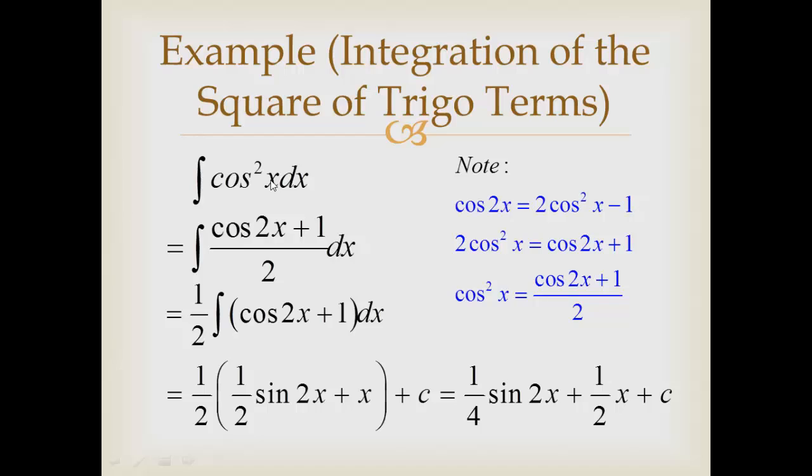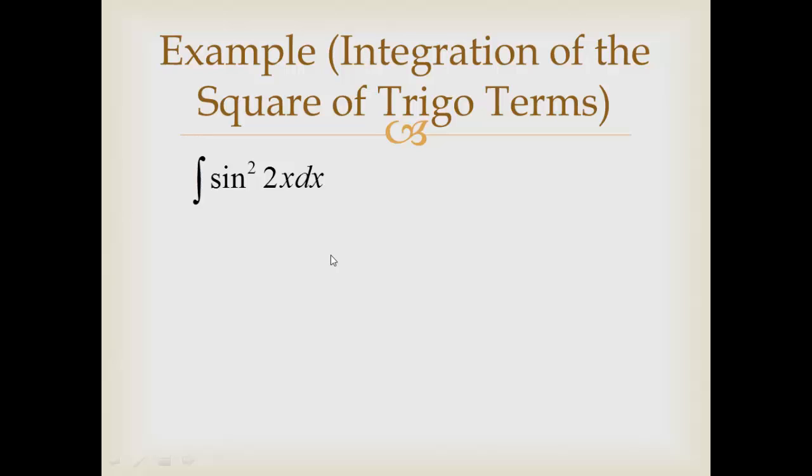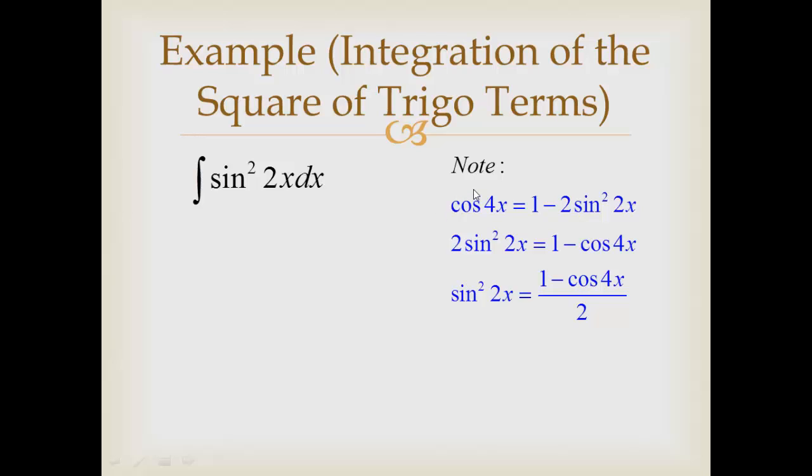How about the integration of sine square terms? Suppose you are asked to integrate sine square 2x. We use the same idea. We double this angle, which gives us 4x, and we try to relate this term with cos 4x. Let's recall, cos 4x is equal to 1 minus 2 sine square 2x.